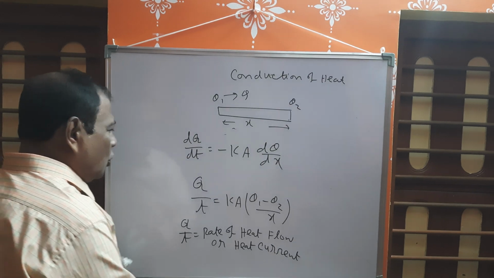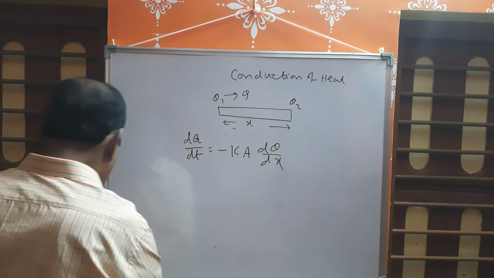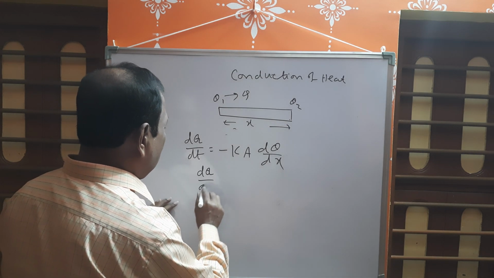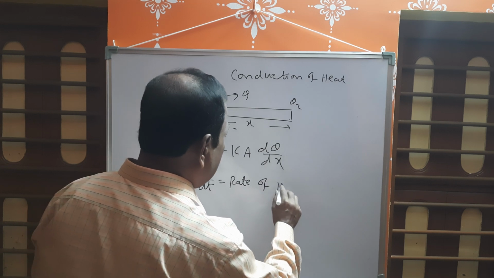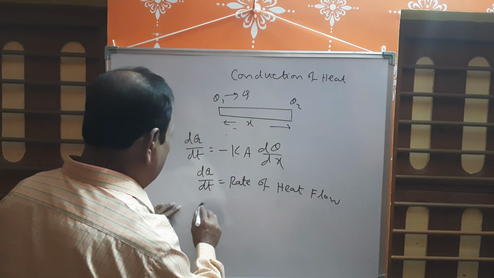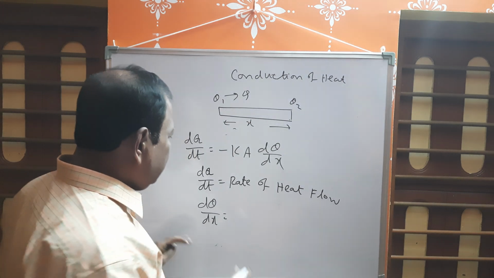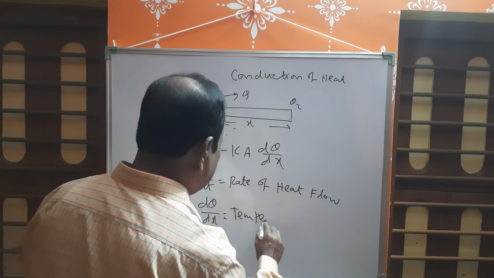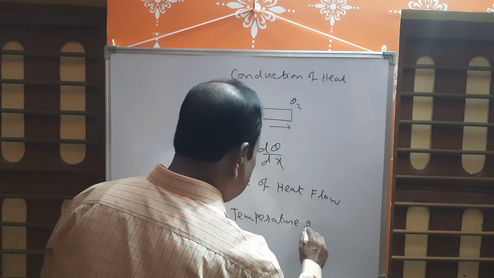So dQ by dt means rate of heat flow, and d theta by dx is called temperature gradient.